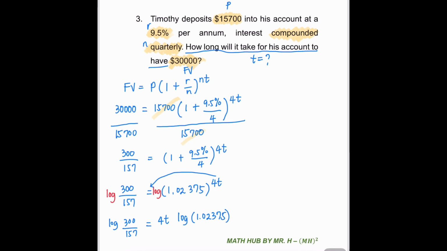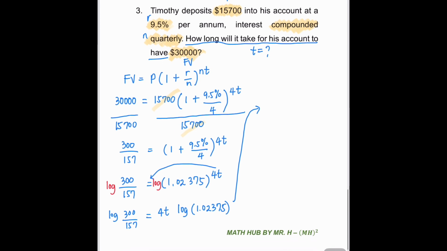All right, and then from here you can see that we can divide both sides by log of 1.02375.